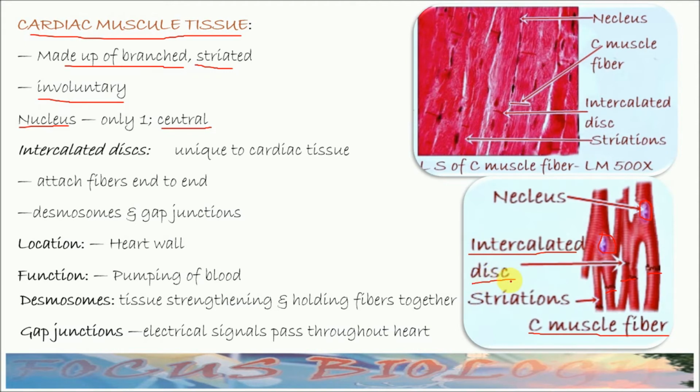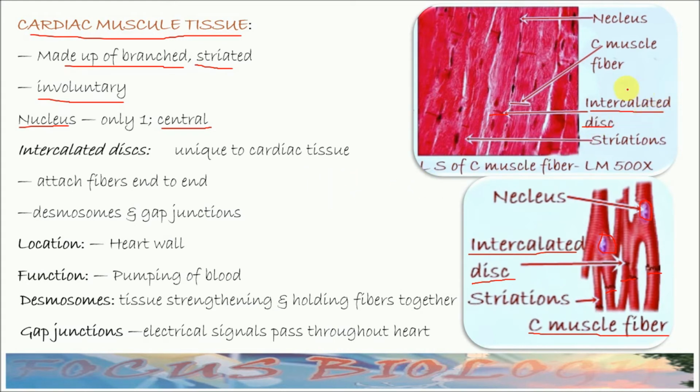Intercalated discs are responsible for end-to-end attachment. Here you can see this is intercalated disc, this is one muscle fiber, this is another, and both muscle fibers are attached here. Hence it is responsible for end-to-end attachment of cardiac muscle fiber.